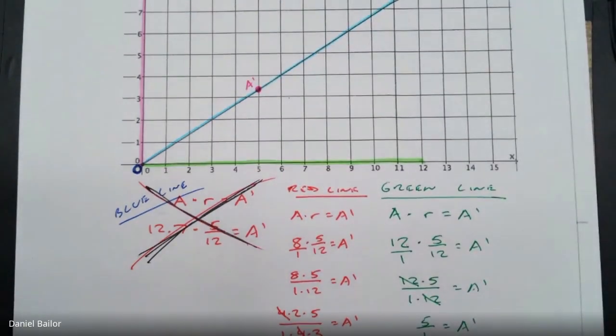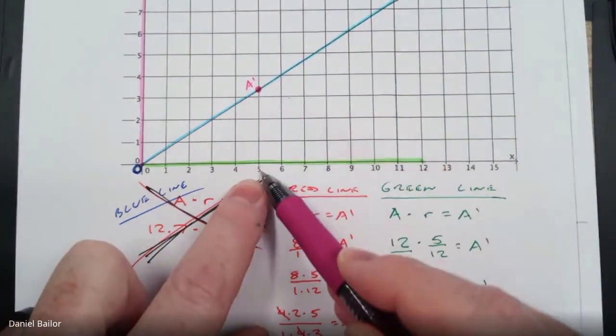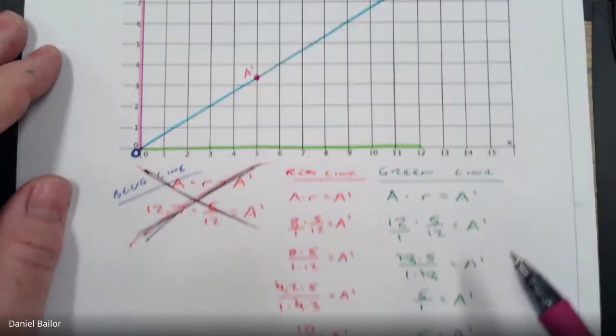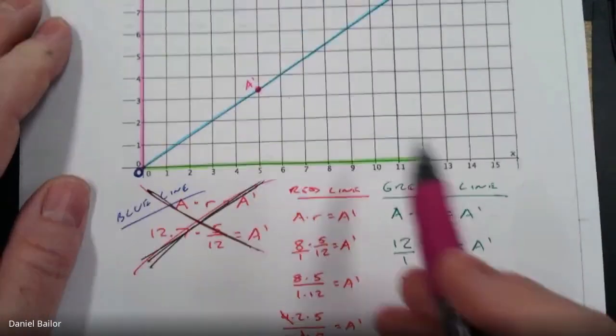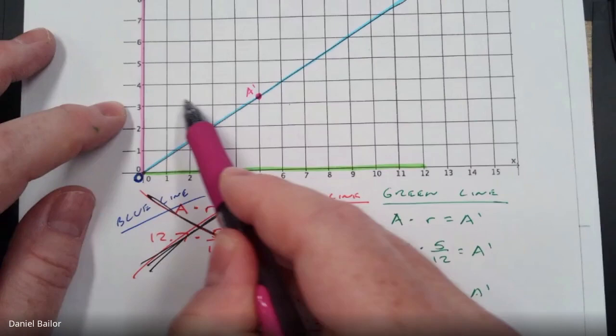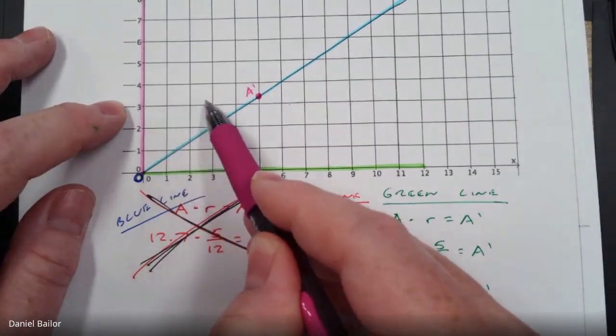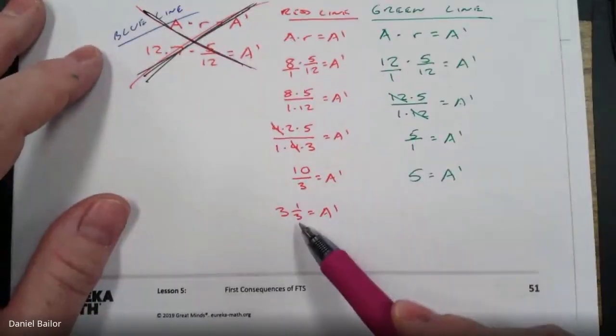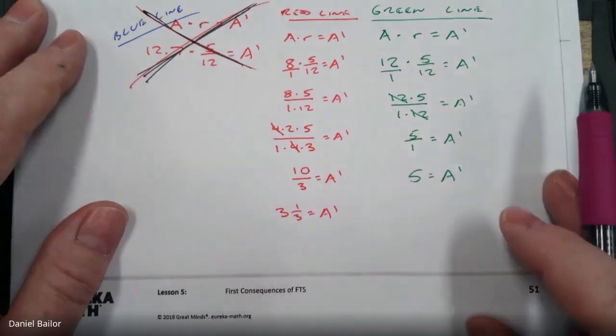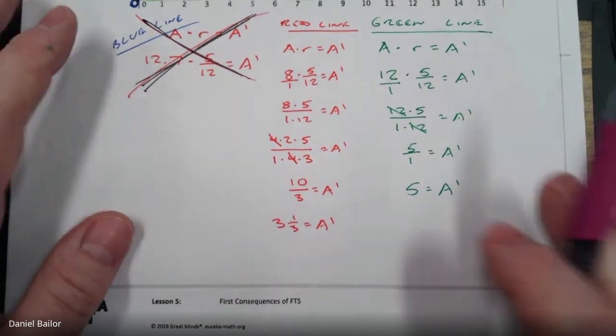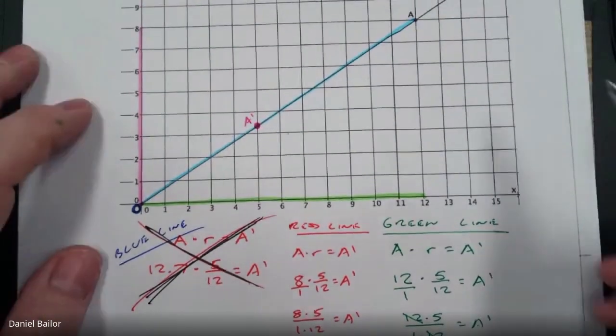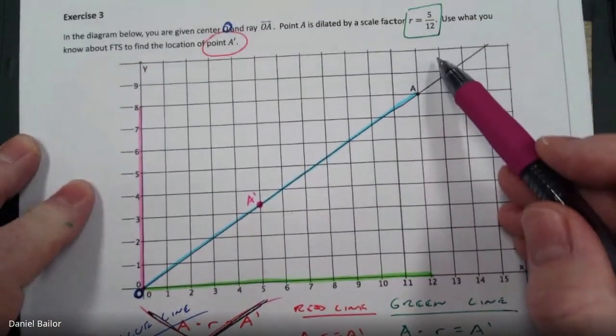And if you look, a prime is 5 on the green line, like we said it was going to be. And a prime is 3 1/3 on the red line, just like we said it was going to be. So we found a prime by using the scale factor.